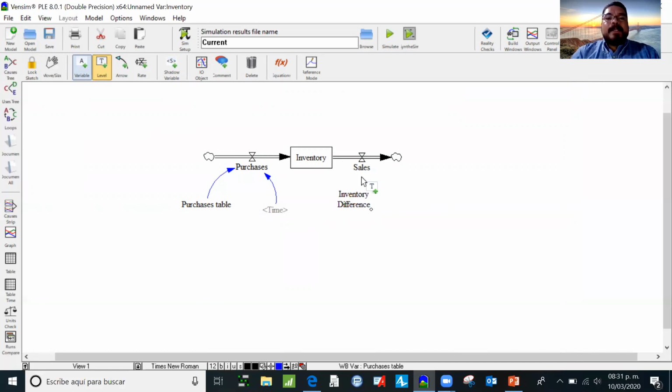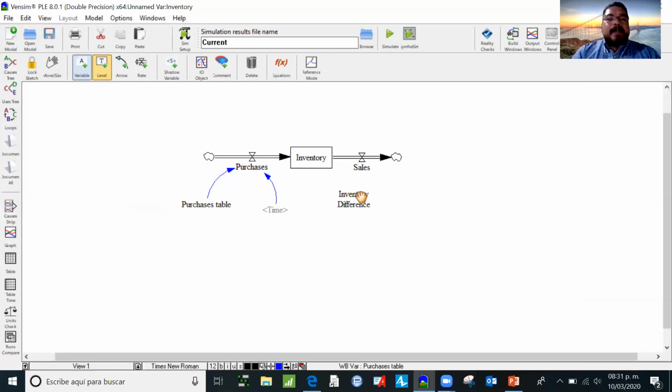And I will establish this concept of inventory difference as the time when we don't have enough inventory, enough products to make up for the sales. So if there is a time when we have 0 inventory, but we need to sell 20 units, we need to establish that there is a difference, and then we need a backup order.